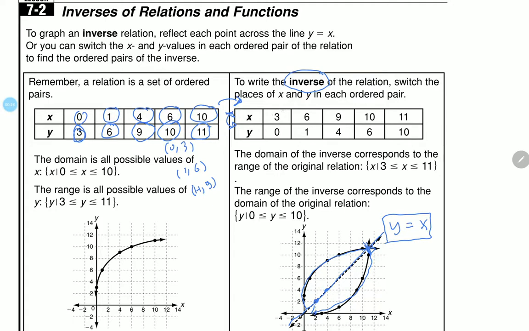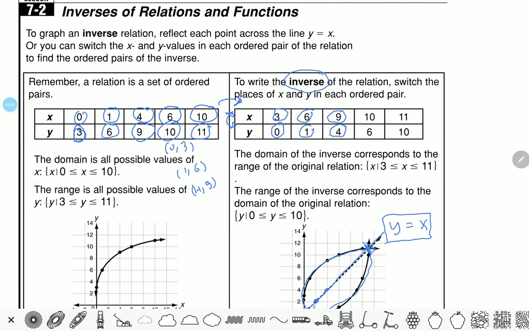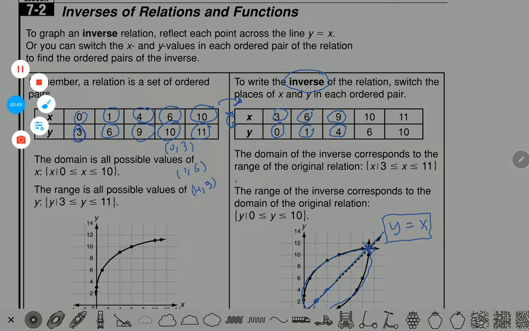The x values will be 3, giving y equal 0. When the x value is 6, the y value will be 1. When the x value is 9, the y value will be 4. So the x and y values will change with each other.